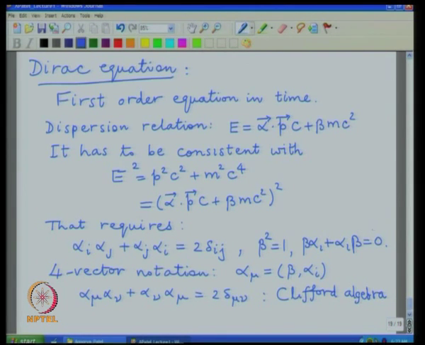So, what Dirac ended up writing is a dispersion relation where the coefficients are a particular set of elements satisfying Clifford algebra.